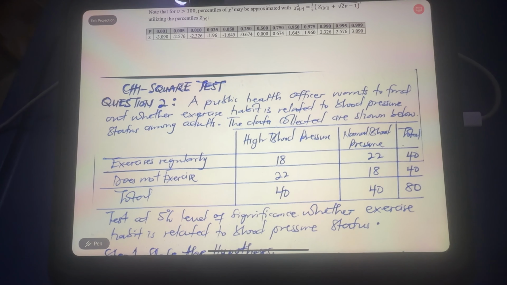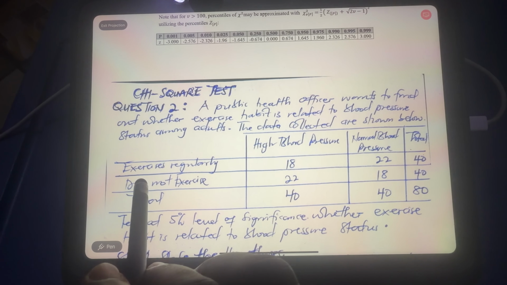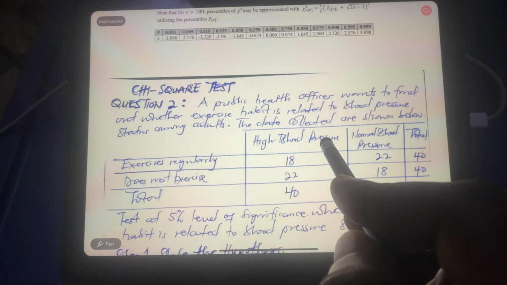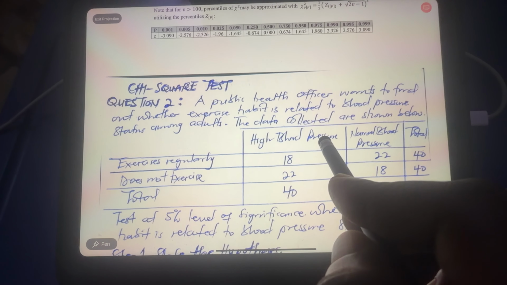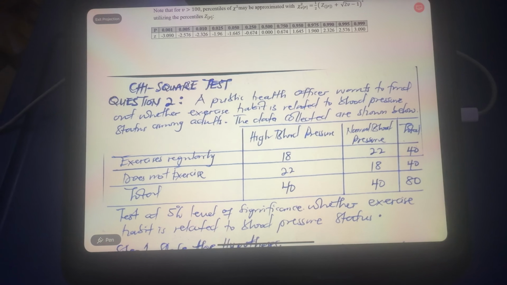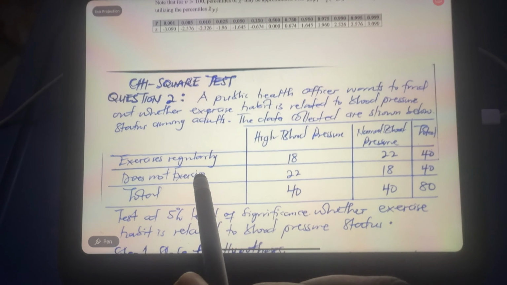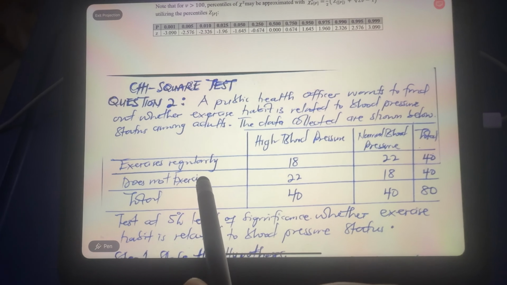Those who exercise regularly with normal blood pressure is category 2. Those who do not exercise regularly with high blood pressure is category 3. Those who do not exercise regularly with normal blood pressure is category 4. So this table is actually showing 4 categories, 4 different frequencies.